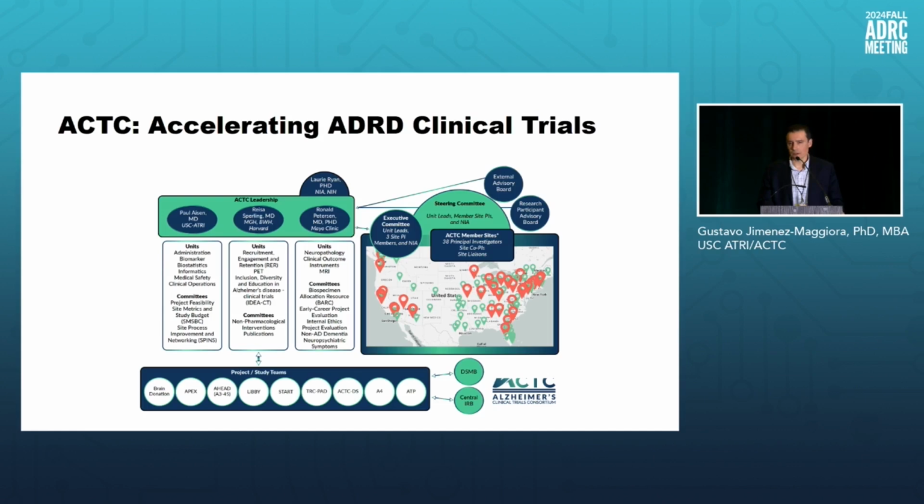It's an NIA-funded program led by Paul Aisen at USC, Reisa Sperling at Harvard, and Ron Petersen at the Mayo Clinic. Our goal is to accelerate ADRD clinical trials by establishing a standing trial infrastructure that includes 35 academic trial sites across the country, as well as expert-led committees and units.